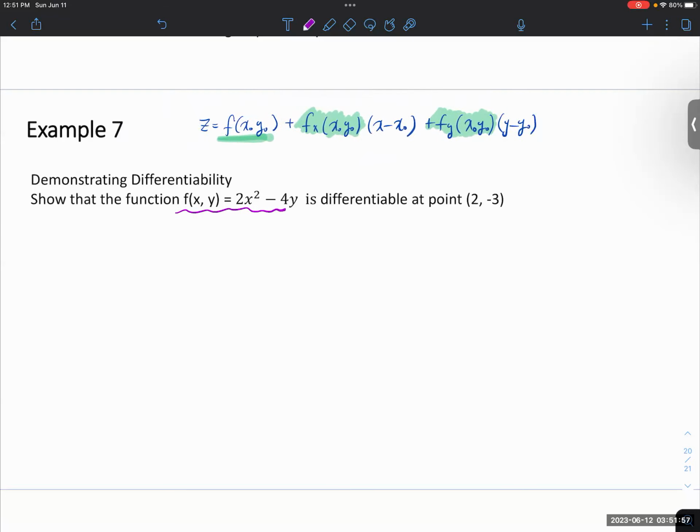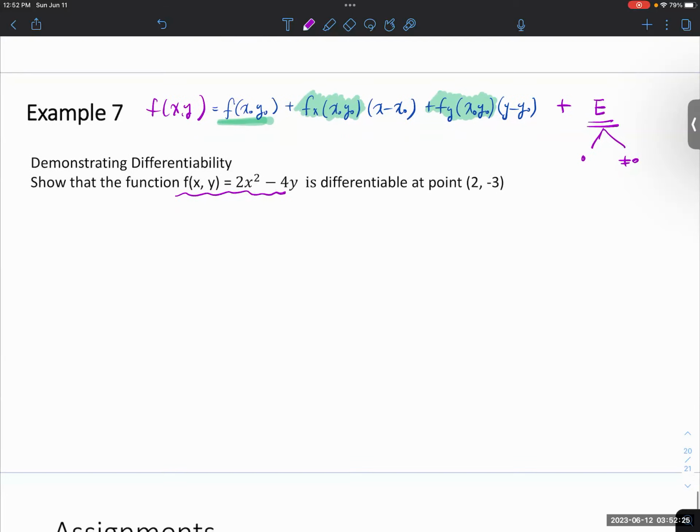So here we have f of x, y. This is an equation of the tangent plane. And then we might have an error. I don't know what that is. If it is a 0, okay, there's no error. If there's no 0, there's an error, right?